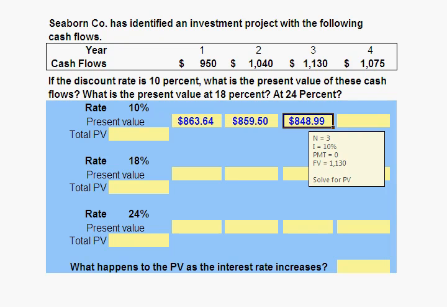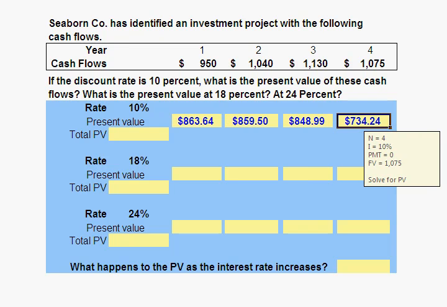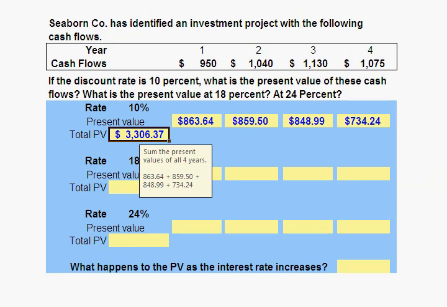The year 4 cash flow of $1,075 is discounted back 4 periods, so we'll enter N equals 4, I equals 10%, 0 for the payment, $1,075 for the future value, and we solve for a present value of $734.24.